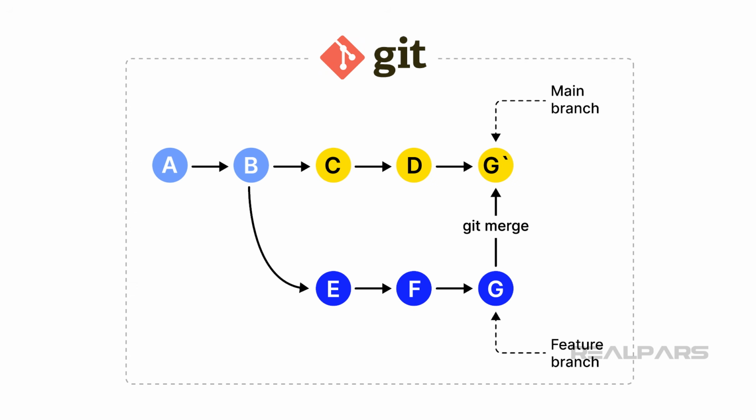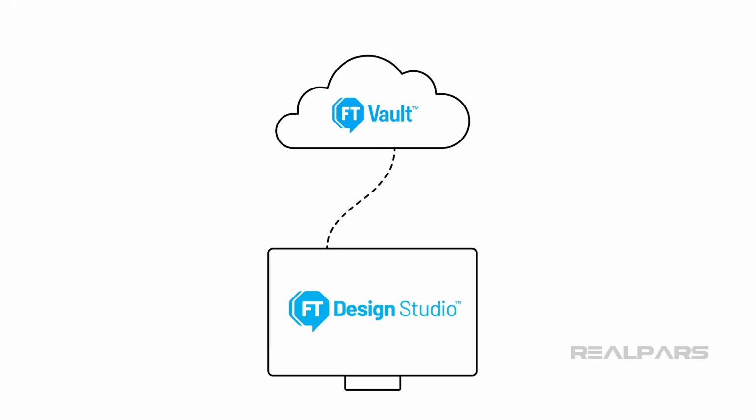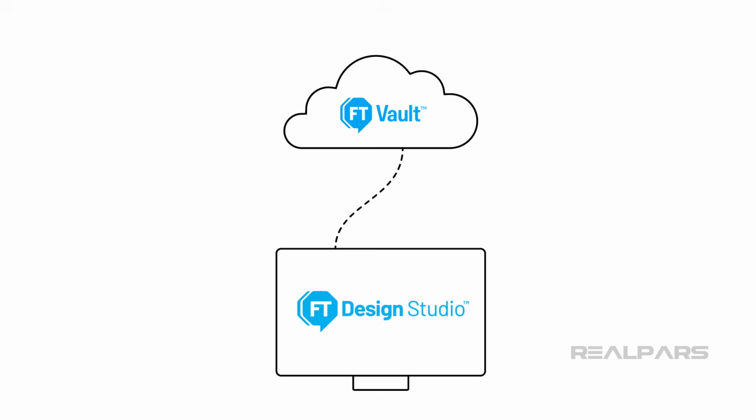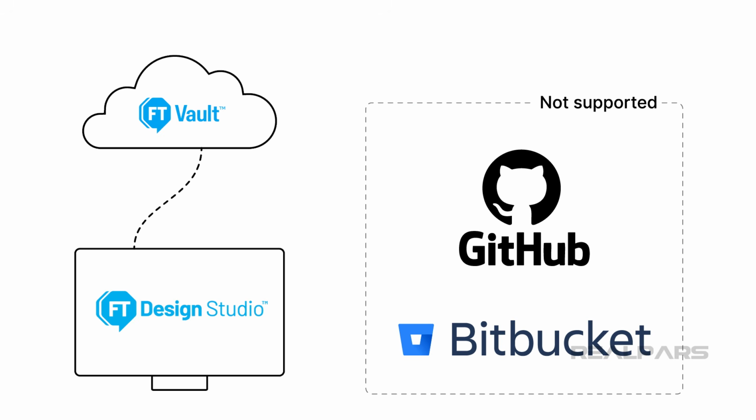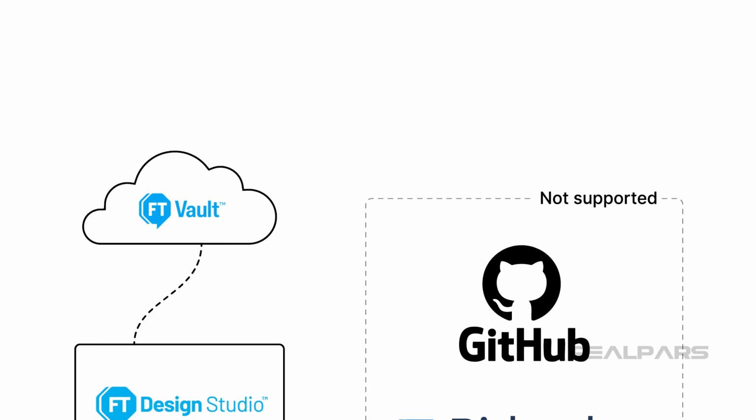I'm hoping that branching and merging will be added to Design Studio in the future. Secondly, you can only use FactoryTalk Vault for your remote repository. This is unfortunate because a lot of companies are already using GitHub and Bitbucket to store their code repositories, and it would make sense to keep their PLC code in the same place.